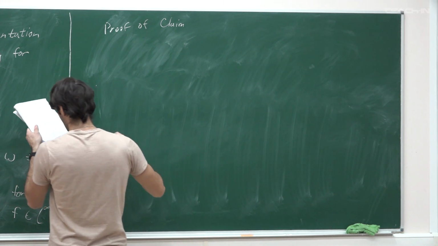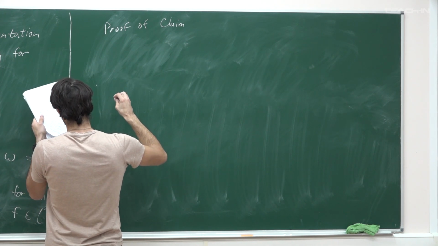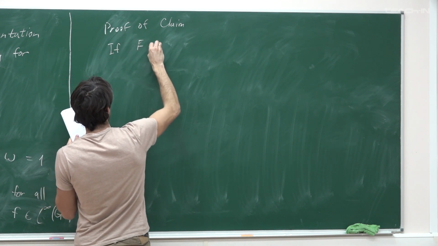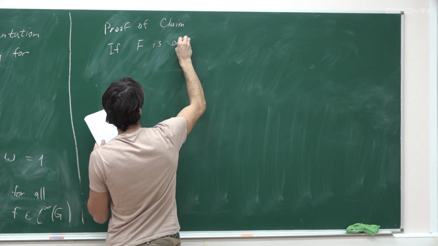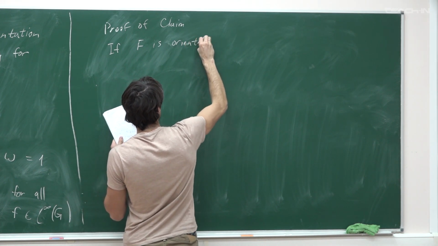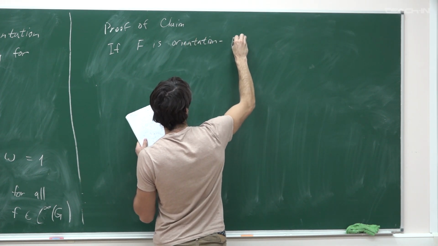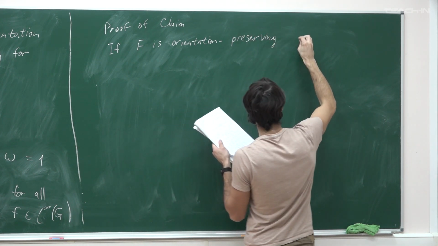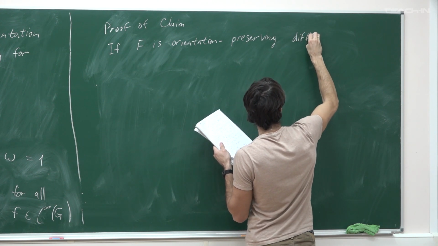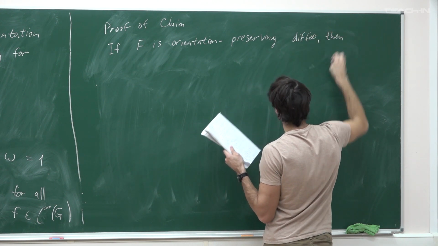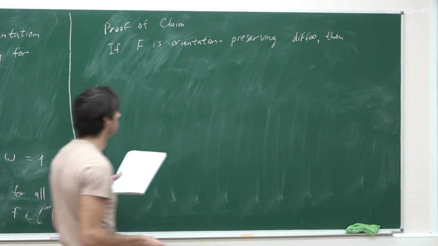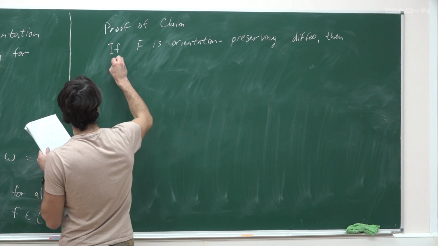And this general theory says that if f is an orientation preserving diffeomorphism, then the following is true.